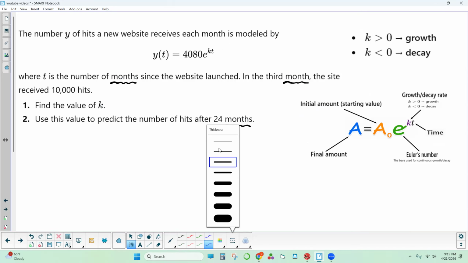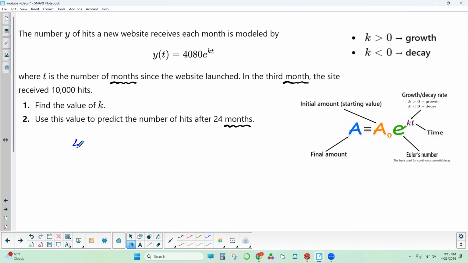Now, what we need to do is find our rate, k. So we're solving for k, and it says in the third month, the site receives 10,000 hits. So A is 10,000, and that is going to be in our third month, so time is 3. Now I have my setup to find the value of k.